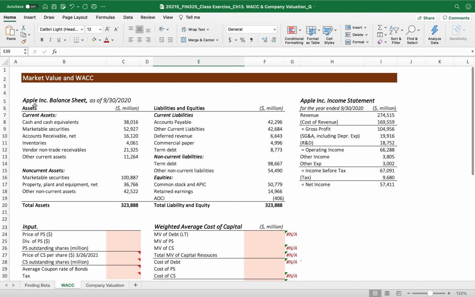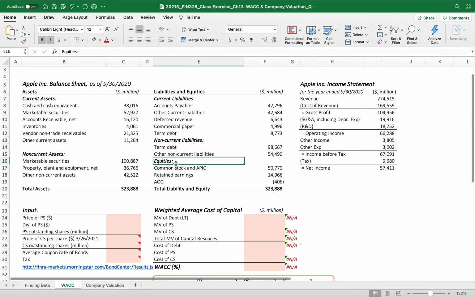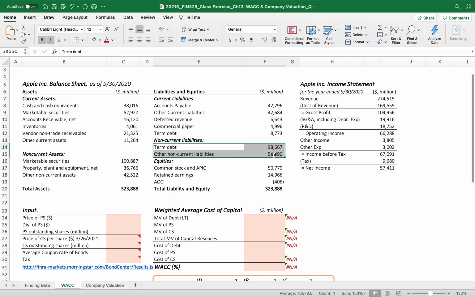Now we have the market value of Apple information, but we also have the book value information as of the last fiscal year end, September 30th, 2020, of Apple Inc. Then we are going to use the long-term debt from the book value. Wait, we are using the market value.